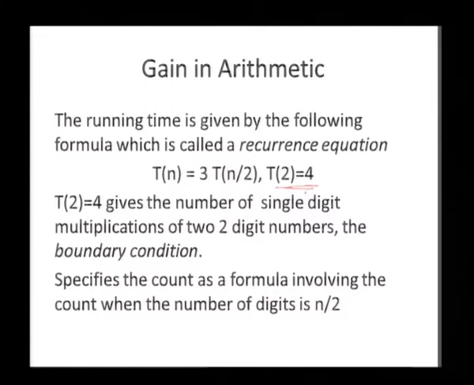This is easy to check, and this is called a boundary condition for this recurrence equation. What is the recurrence equation? The number of single digit multiplications to multiply 2 n digit numbers is given by 3 times the number of multiplications to multiply 2 n by 2 digit numbers.